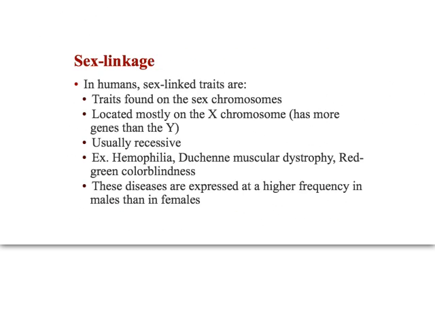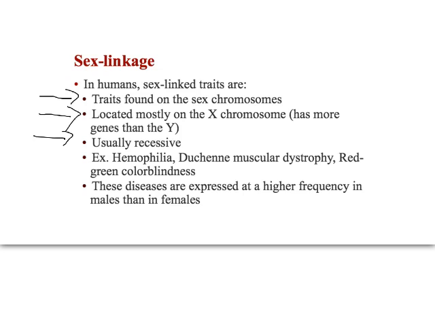So in humans, sex-linked traits are found on the sex chromosomes. We already know that. They're mostly located on the X chromosome because the X chromosome has more genes than the Y chromosome does. And these traits, if they're a disorder, are usually recessive. So there are several disorders where the gene for them is X-linked.